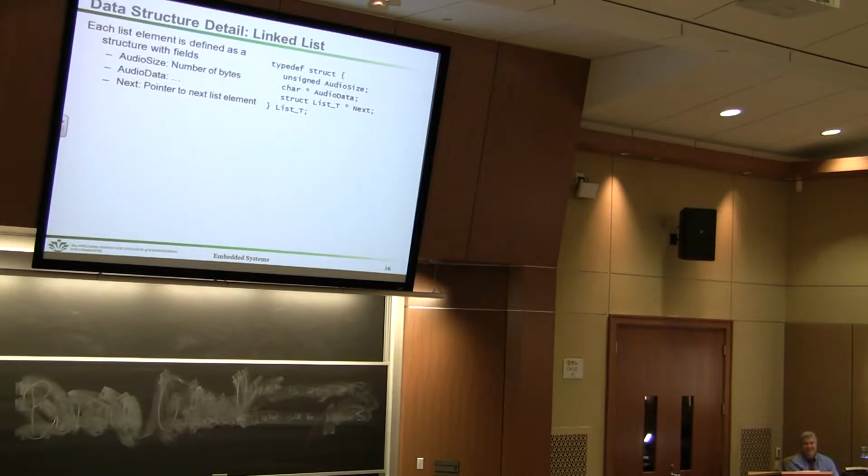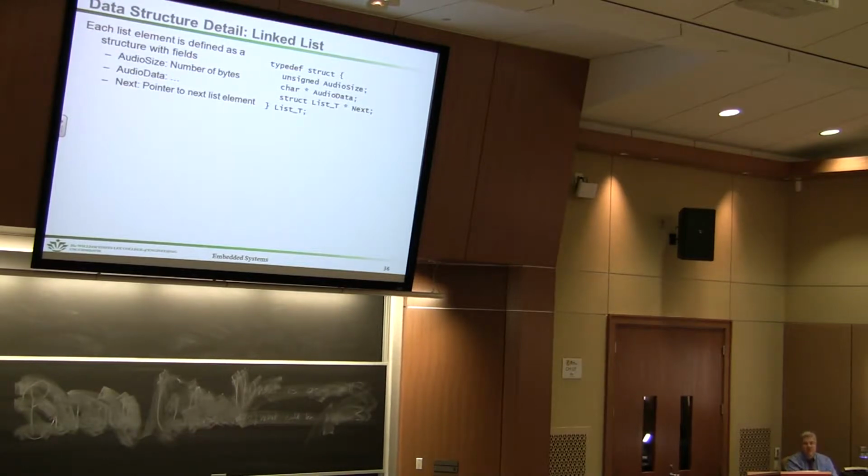Okay. So again, the whole idea is that you are identifying a type. In this case, it's called a structure. The structure name is going to be list_t. And you're going to say, all right, this will consist of 3 elements.